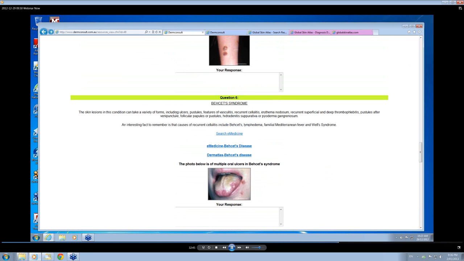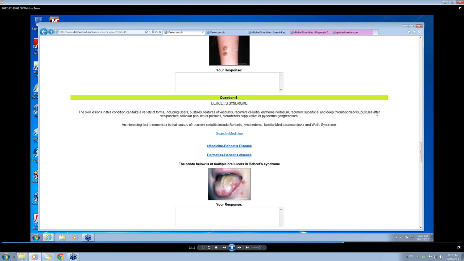But we said skin lesions can take a variety of forms, including ulcers, pustules, features of vasculitis, recurrent cellulitis, erythema nodosum. Recurrent superficial and deep thrombophlebitis, pustules after venipuncture. Yes, one of the causes of pathergy. That's the phenomenon of a pustule developing at the site of trauma of the skin, particularly say a venipuncture and the like.